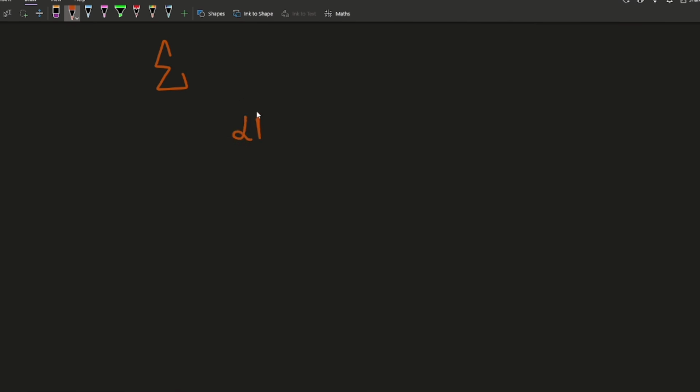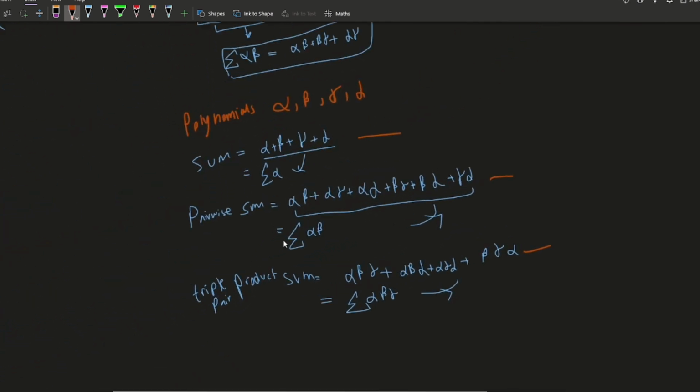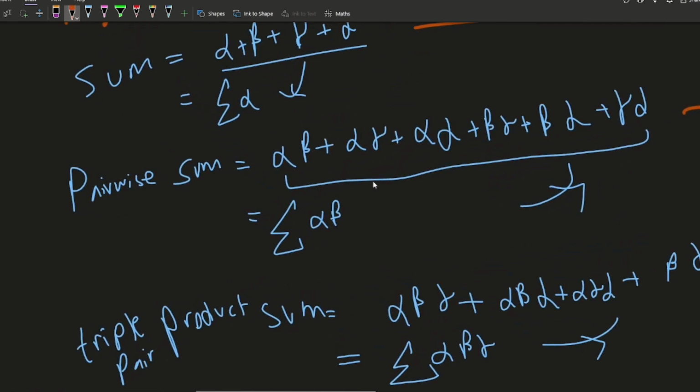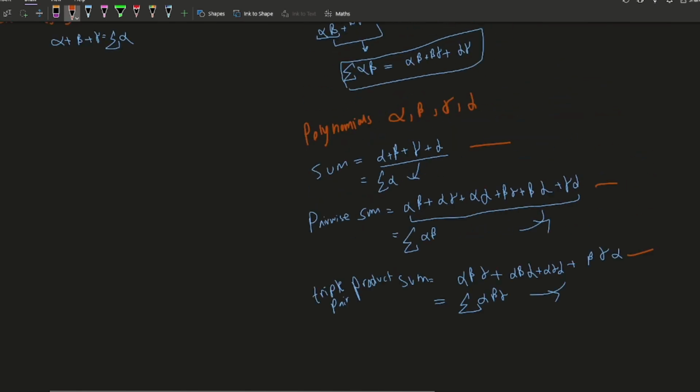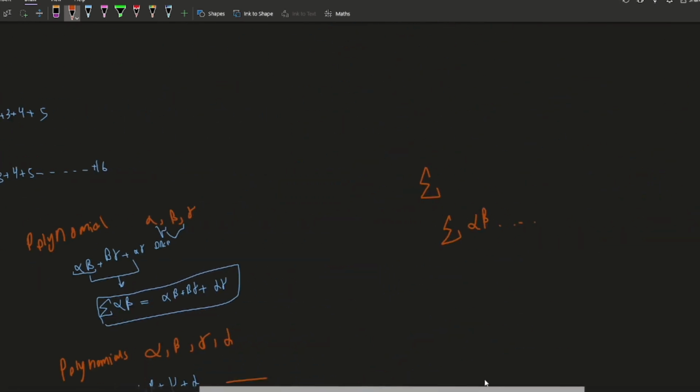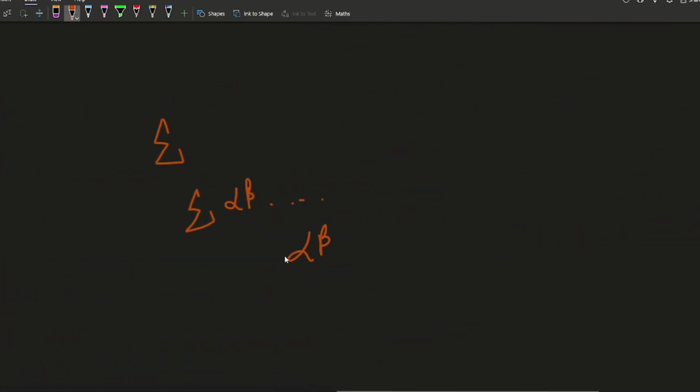So if something is by itself, not being added to anything, we can't use sigma notation with it. If we did, it would mean alpha beta plus alpha gamma plus alpha delta, which is completely wrong. So if we have alpha beta alone, we won't be using sigma notation with it.